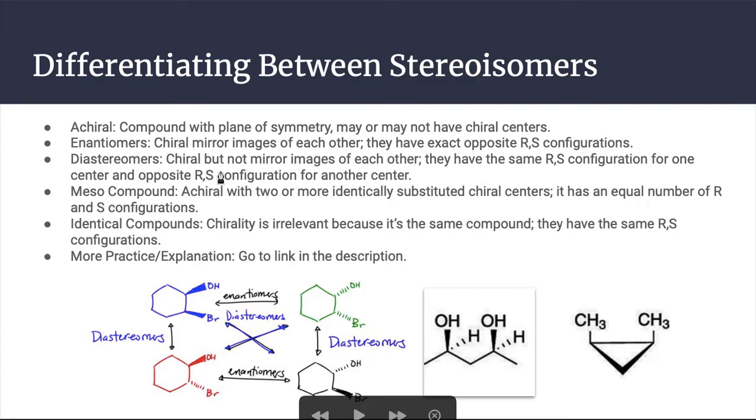And if you read through this, you can see that I put 2 big differences for each one. I put whether they're chiral or achiral, and then I put what their R and S configurations are, except for the first one, which you'll understand in a minute. I did it that way because the book says a lot of stuff about distinguishing between enantiomers, diastereomers, or meso compounds, and you can find a lot of stuff online too.